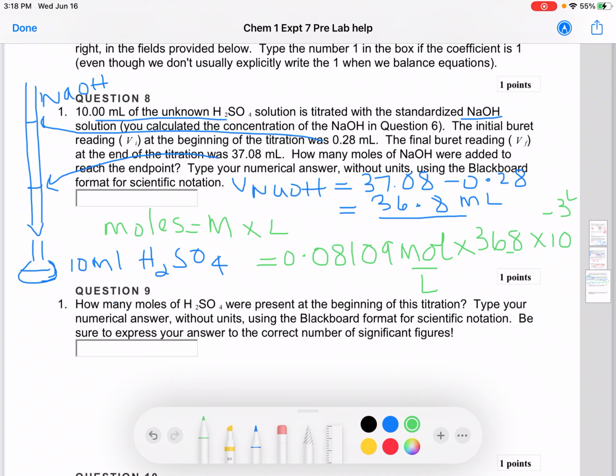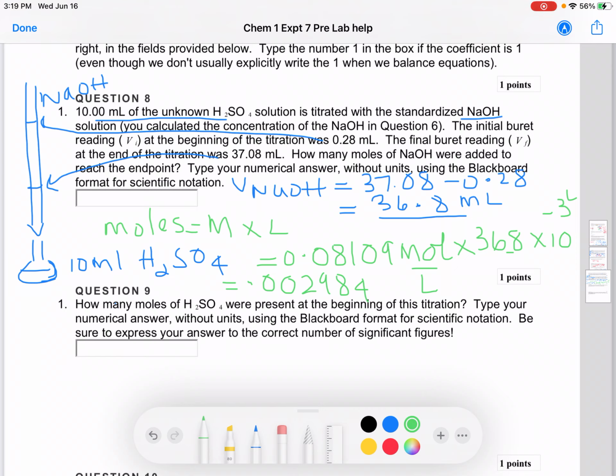And that would be 0.002984, without units.